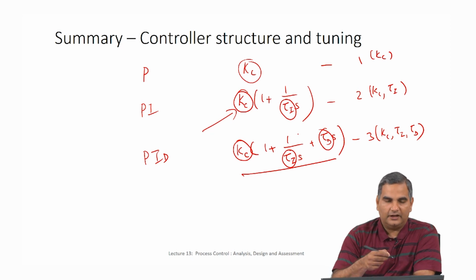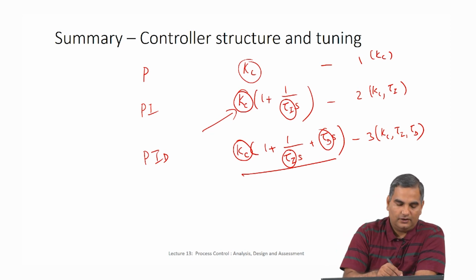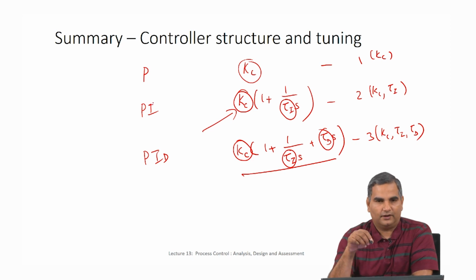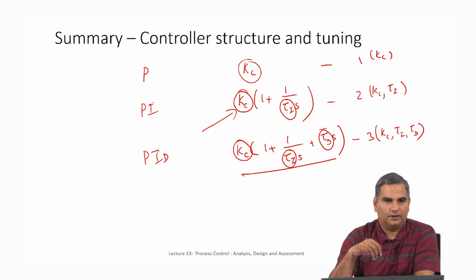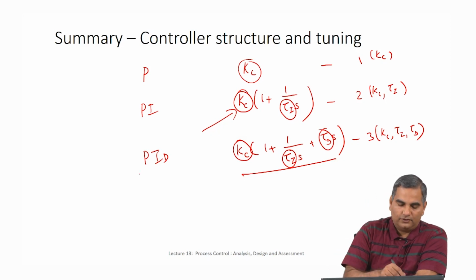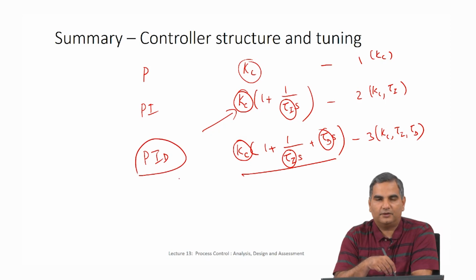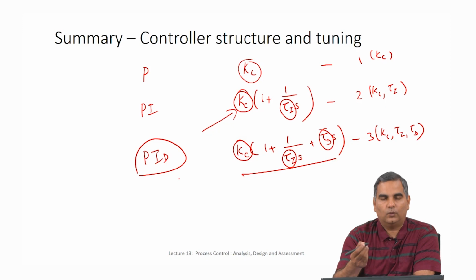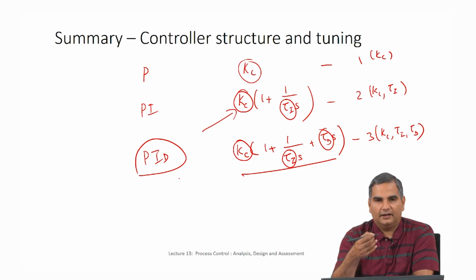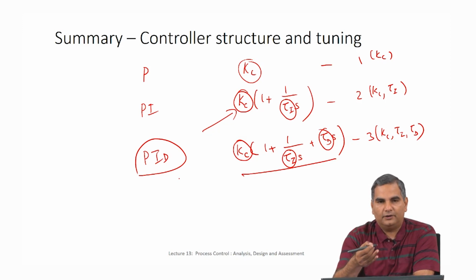Now, what are the advantages and disadvantages of each type of these controllers? Nothing is perfect, right. So, in some cases you just want to use a P controller, some cases you want to use PI, some cases you want to use PID and so on. Because this is more sophisticated does not mean this is always the best controller, right. So, there are trade offs for each of these. There is a reason why we move from P to PI, and there is a reason why we move from PI to PID.